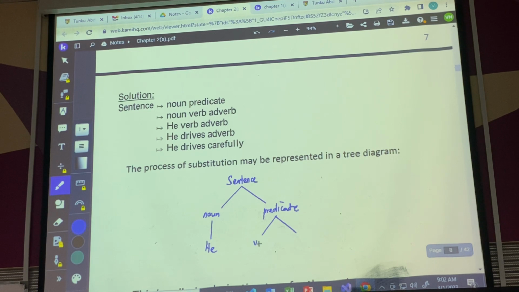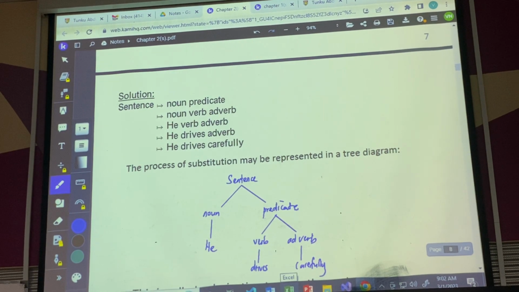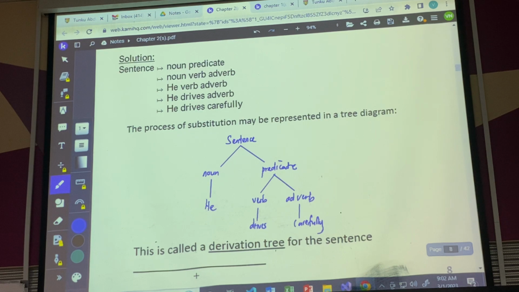Yes, we will replace with verb and adverb. And verb replace with this word here, right? Adverb replace with carefully. Okay, so this one we call it as the derivation tree for the sentence he drives carefully.